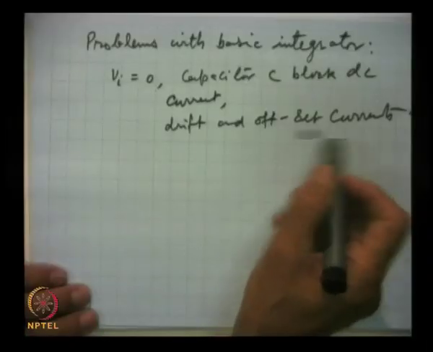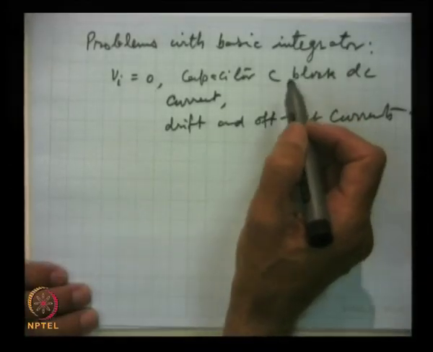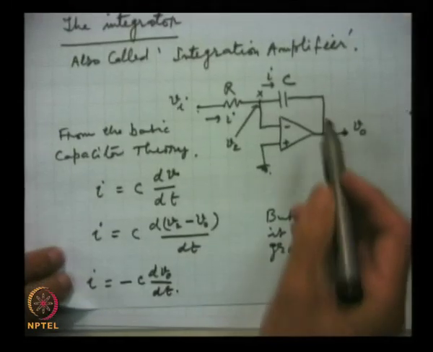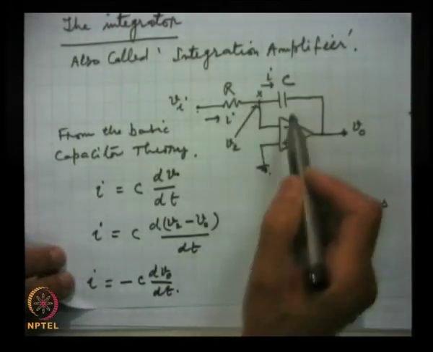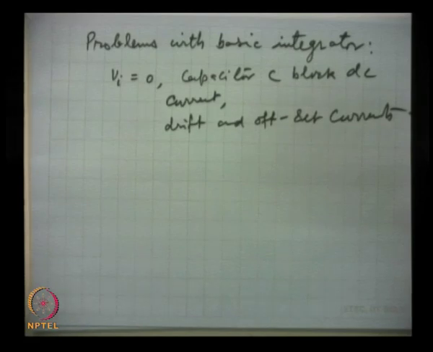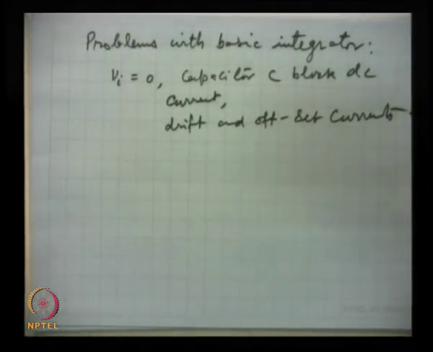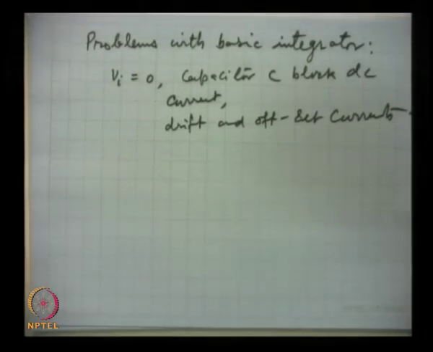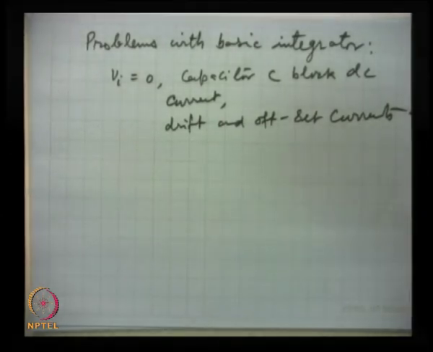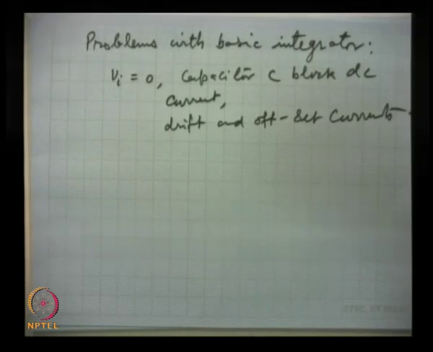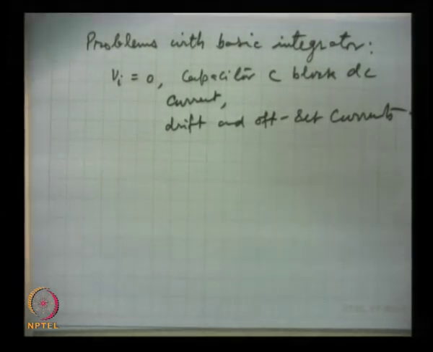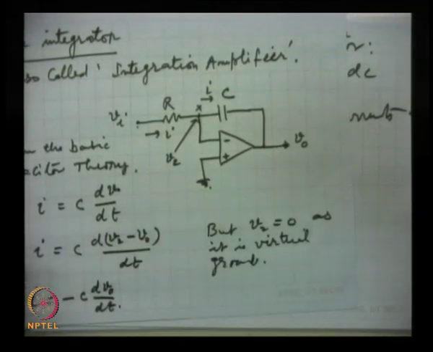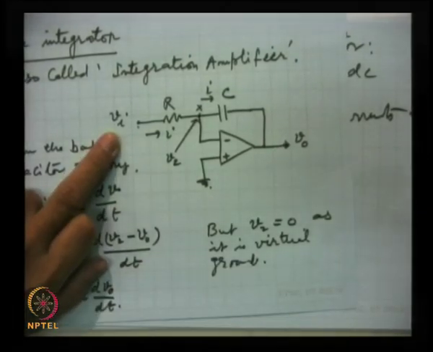So these small currents will be blocked by the capacitor and will not be fed back to the inverter, but they will continuously charge the capacitor, and hence a voltage gets developed, which is then amplified, and an output voltage appears while the input is 0.